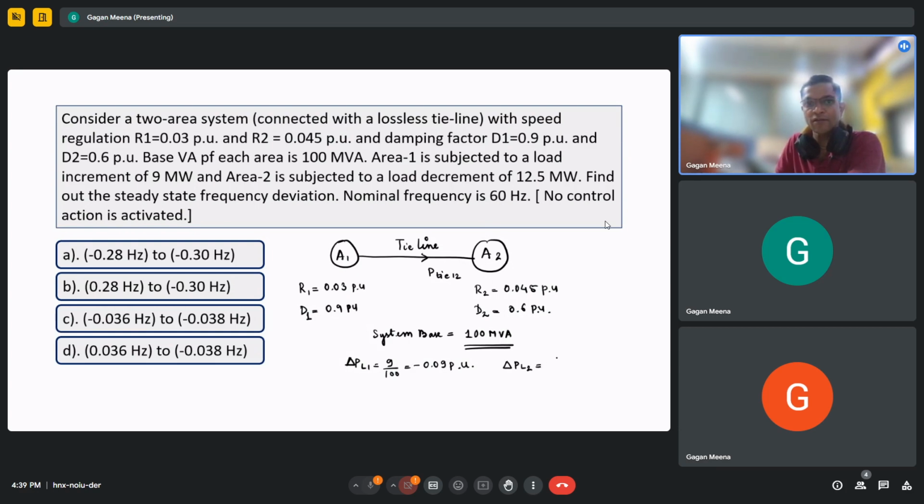And delta PL2 is equal to 12.5 megawatt divided by 100, which is 0.125 per unit. Let me check one thing here.